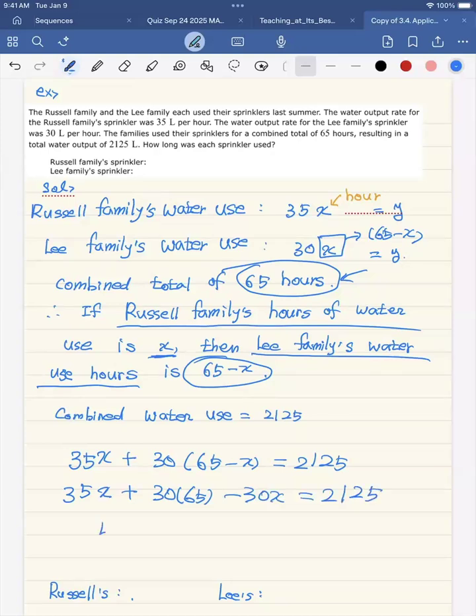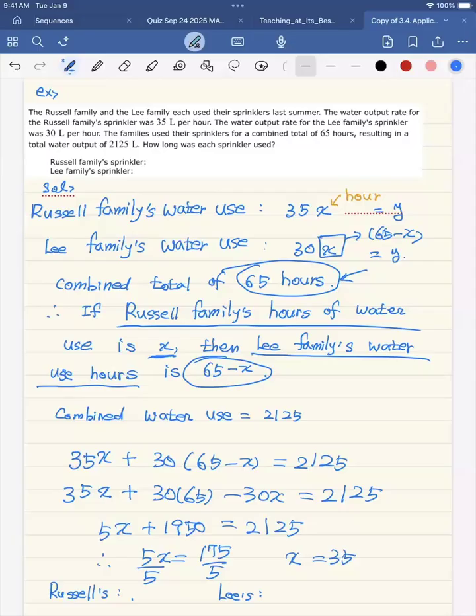So that is 5x plus 1,950 equals 2,125. Therefore, we have 5x equals 175. When we divide by 5 on both sides, we have x equals 35.